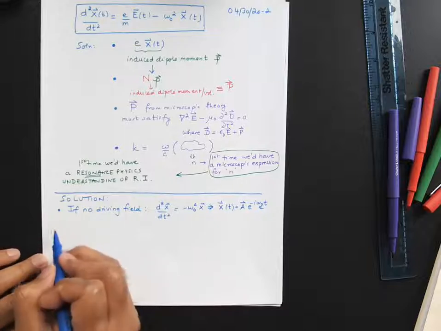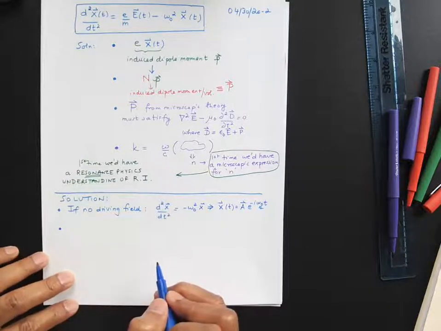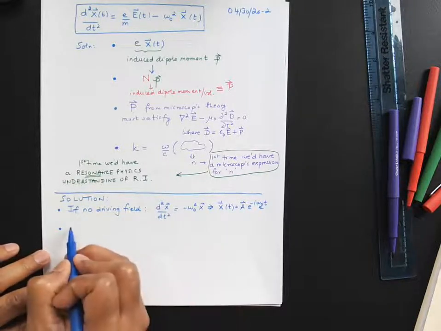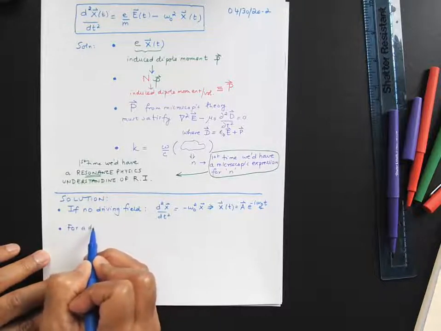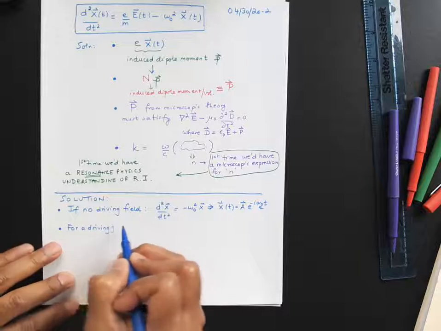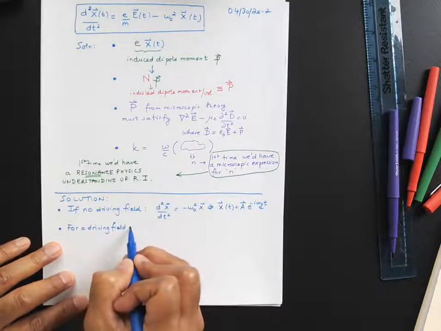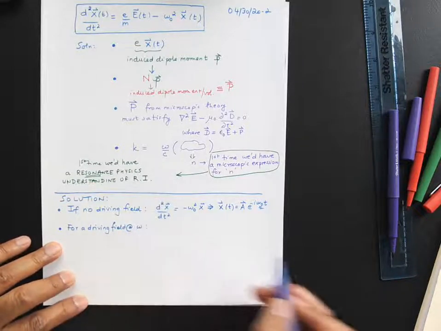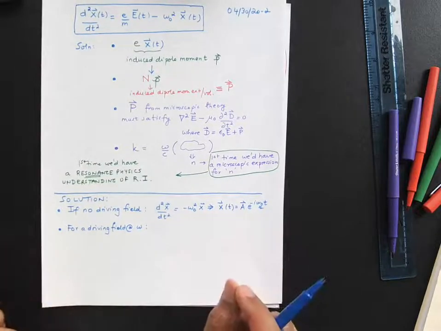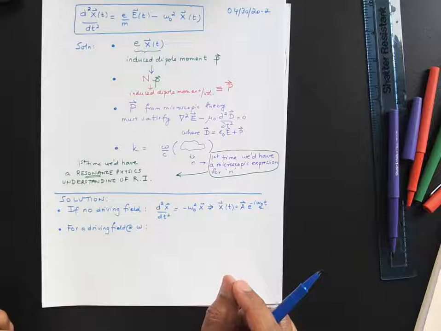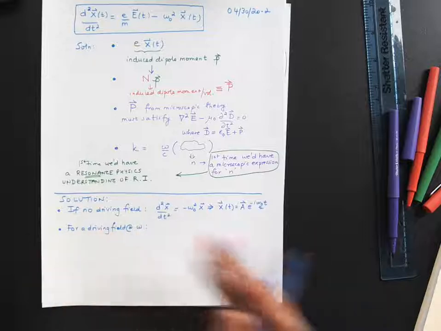Now, when you do have a driving field at frequency omega, just think of yourself pushing a child on a swing. If you were to push the child and then stand aside, the child and the swing oscillate at a certain frequency.